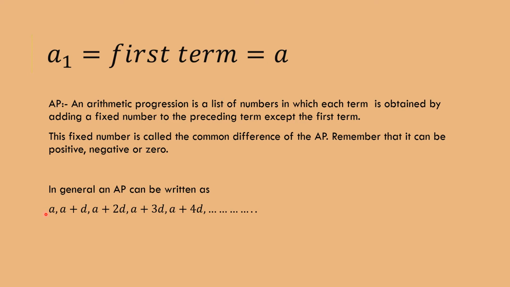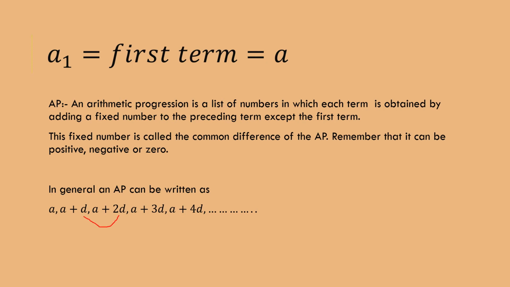So in general, the AP can be, if the first term is A, second will be A plus D, third will be A plus 2D, then A plus 3D, A plus 4D and so on. The difference between these two is D. Again, the difference between these two is also D. Let's verify.